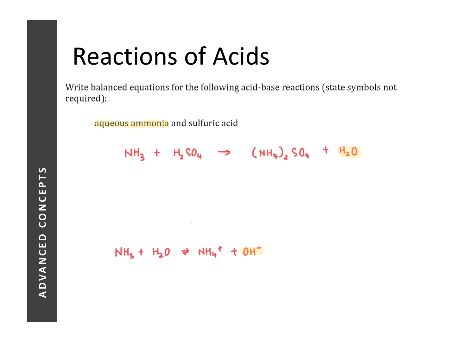So that is why aqueous ammonia is considered an alkali, because it reacts with water to form your hydroxide ions. Okay, so strictly speaking, when you're writing the equation involving aqueous ammonia, we need to add in the water in order for the hydroxide ions to be shown. And in writing of chemical equations, it's very similar to mathematics.